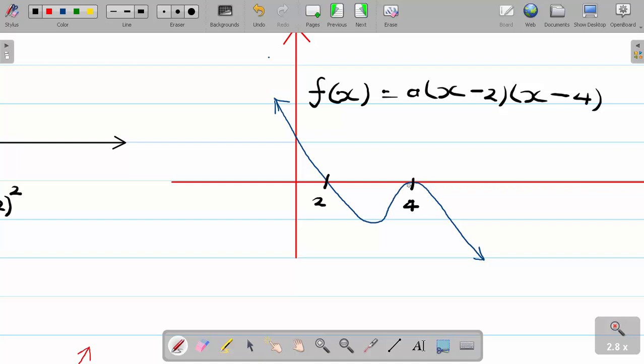So when the turning point is on the x-axis, at a root like this 4, we must put a square in our equation at that point. Hope we are together.